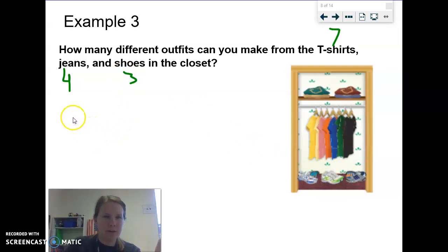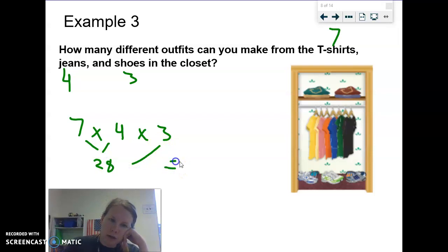Then I just use my fundamental counting principle, which just means I multiply all the amounts of each thing I have together. 7 times 4 I know is 28. Then I could do 28 times 3. 8 times 3 is 24, so 84.